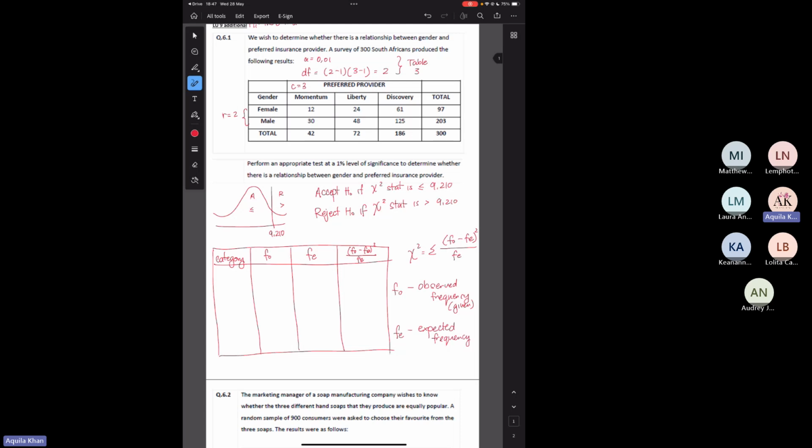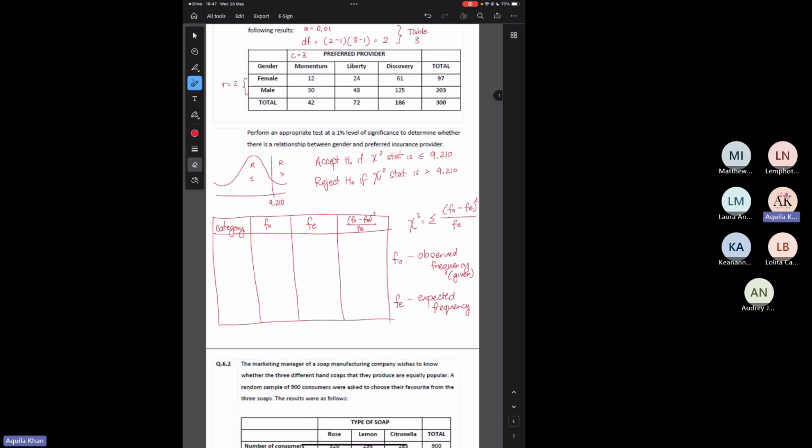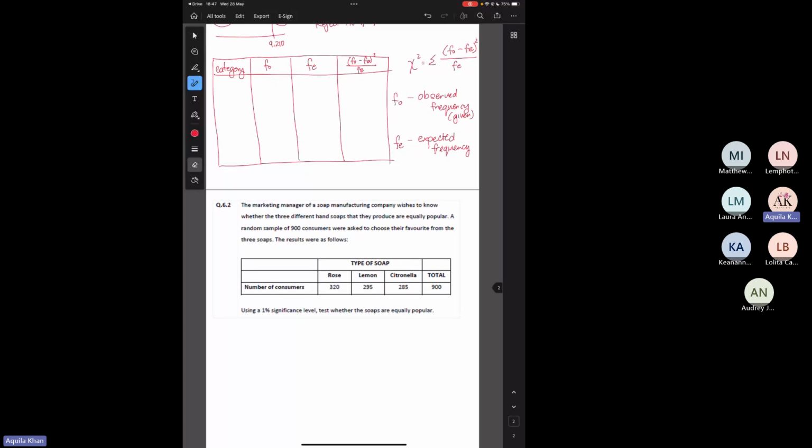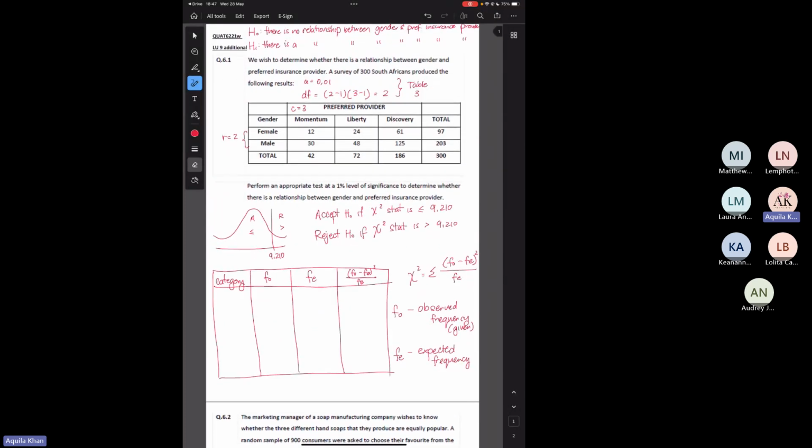Now, in these tables, for example, this table here for the two-way table, and then even this table here at the bottom, the information in those tables are the observed frequencies, meaning this is the one that's always given to you. You then have to calculate the expected frequency, and this is where the table comes in.